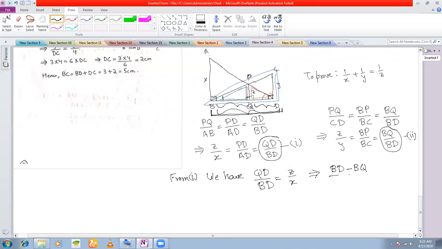So we write BD minus BQ, divided by BD, equal to Z by X. Now we separate: BD by BD minus BQ by BD is equal to Z by X, that means 1 minus BQ by BD is equal to Z by X.